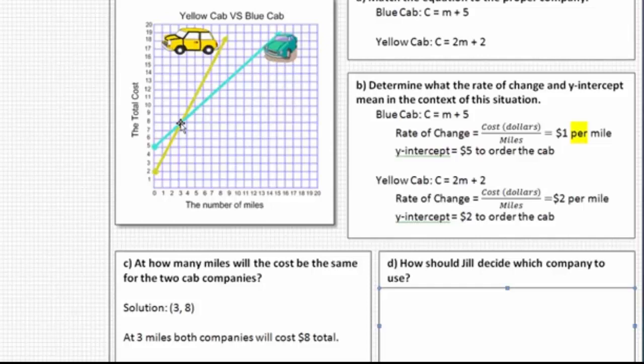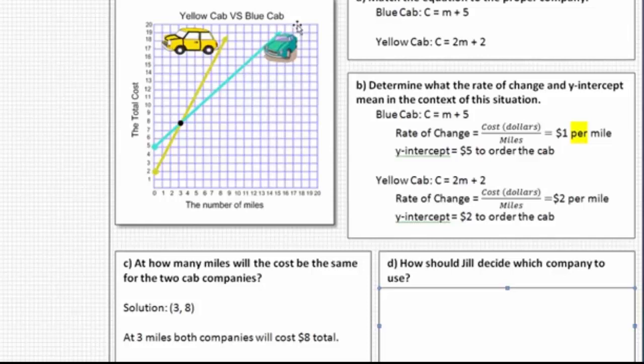However, if the mall is only a few miles, if it's only 1 or 2 miles from her house, the yellow cab, which is down here, has a lower cost. So if it's only 1 or 2 miles away from her house, then the yellow cab would be a better choice because it's cheaper.